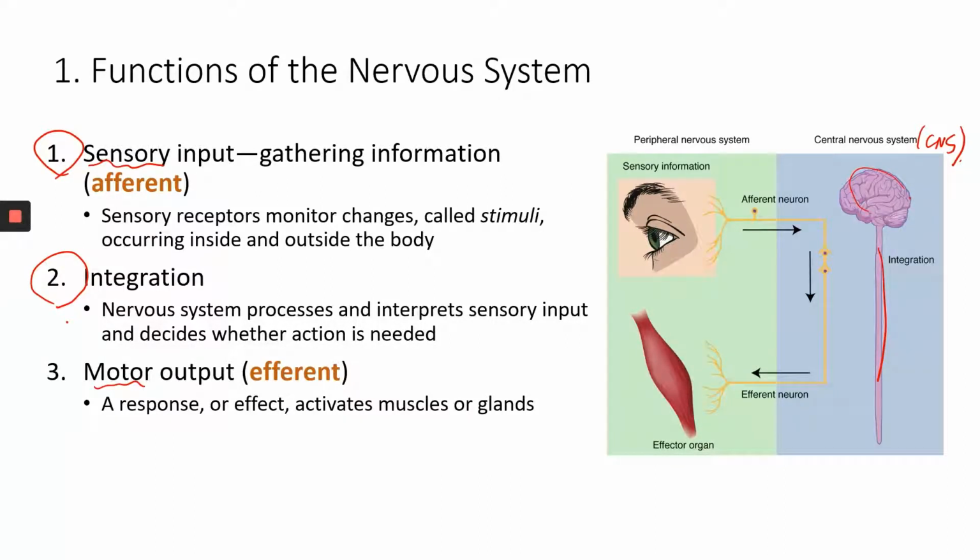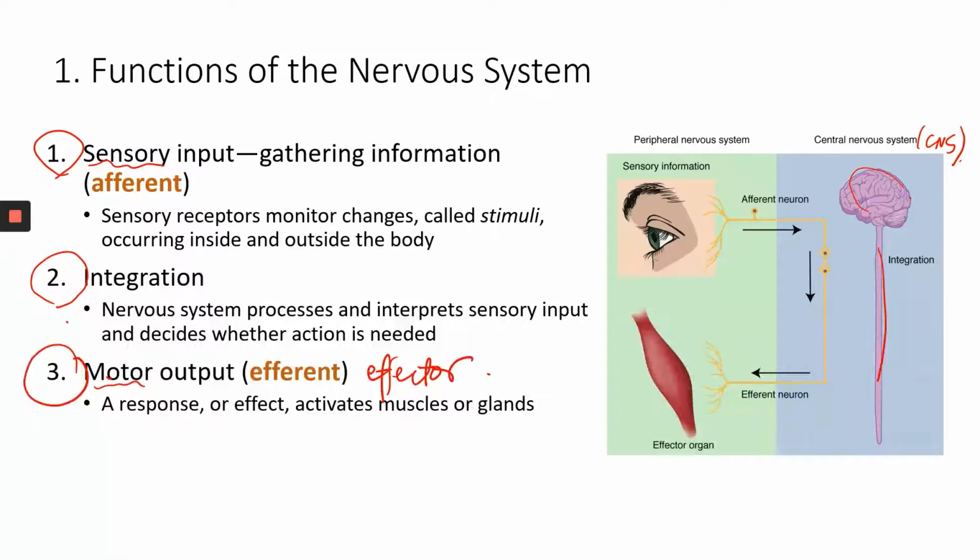And then the CNS is going to decide whether an action is needed. All right, so that happens in the CNS as integration. And then after a decision is made, the CNS is going to send information out to an effector organ.